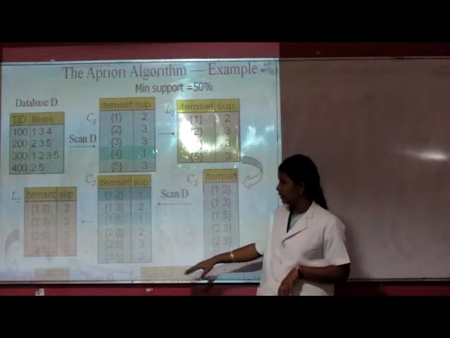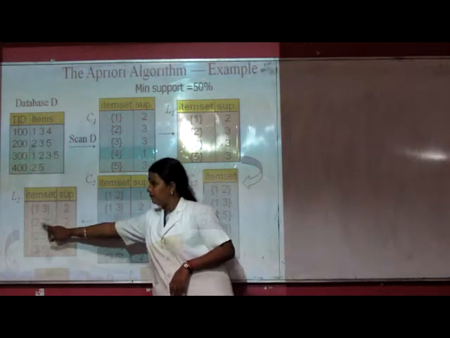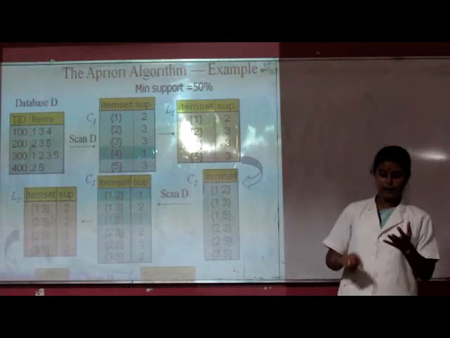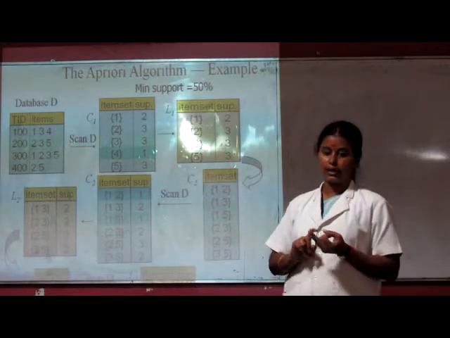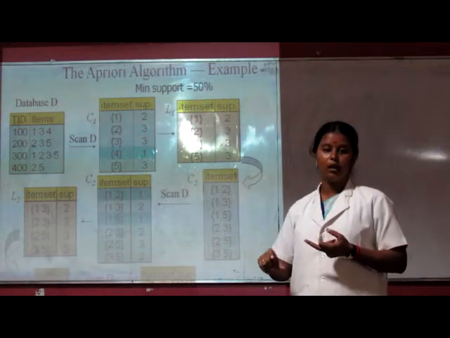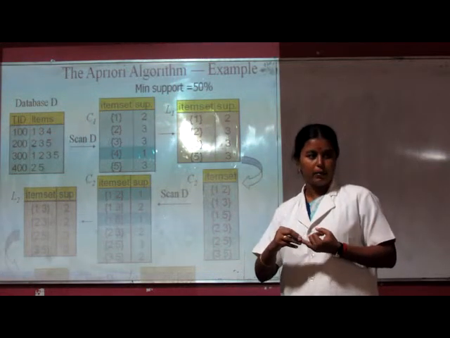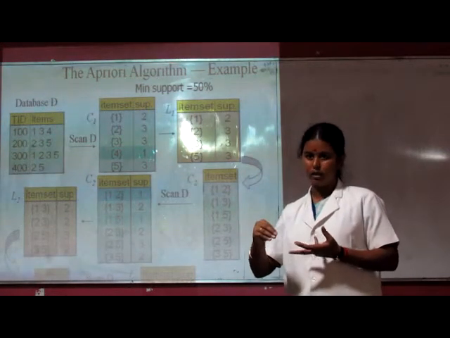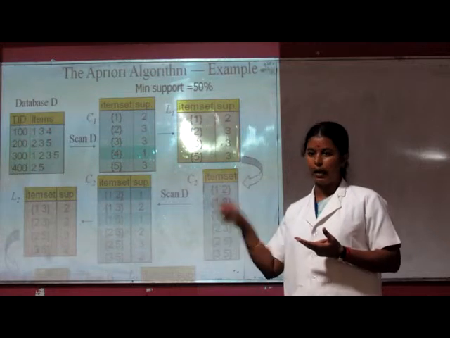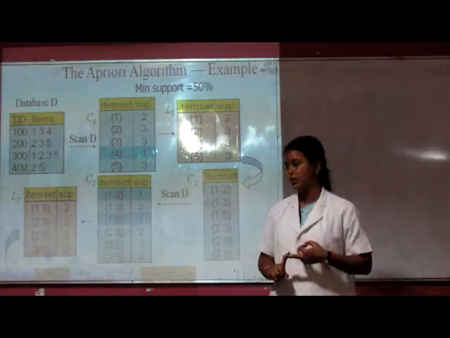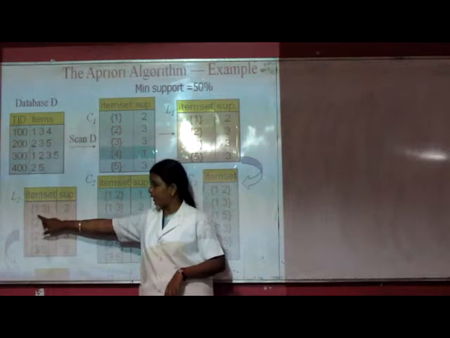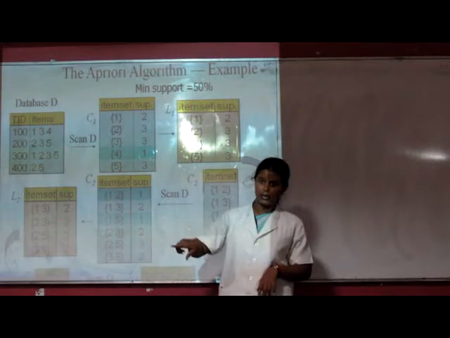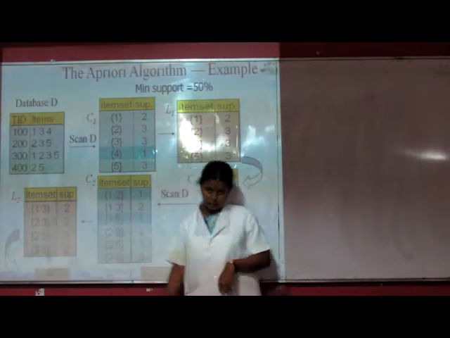When you go for the next item set, if I am having X comma Y and I want to add Z, then in X comma Y, X is present in the transaction and Z must be greater than Y. For example, 1 comma 3: 1 is X, 3 is Y. The next item to be added must be greater than the Y item.